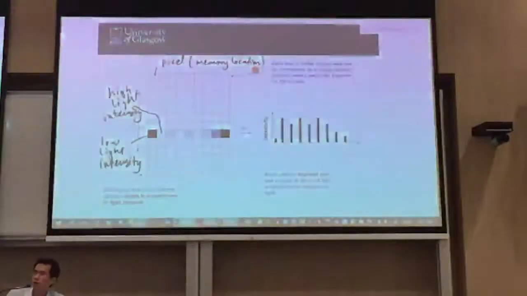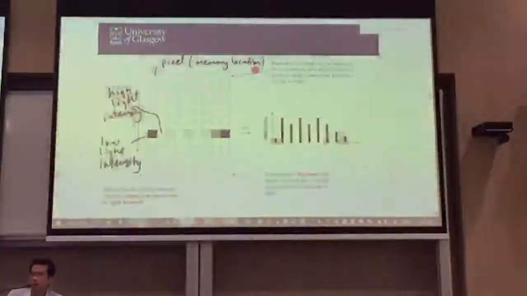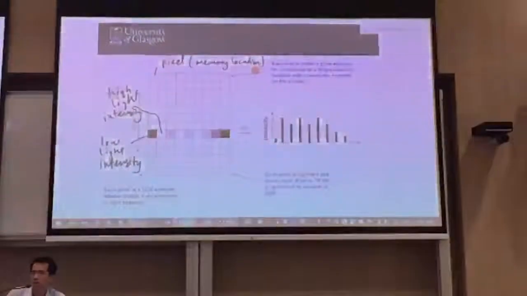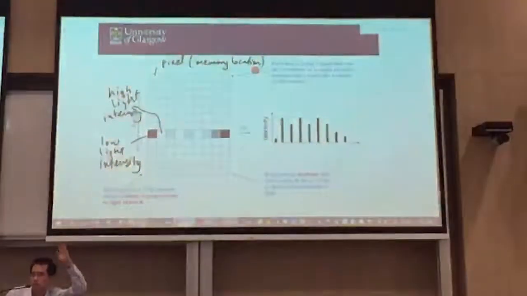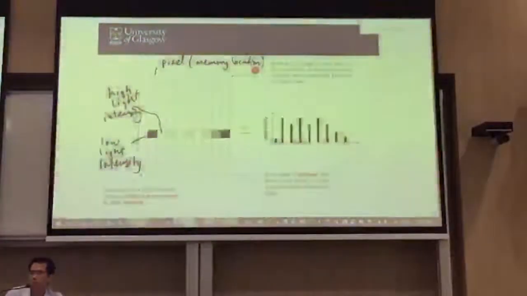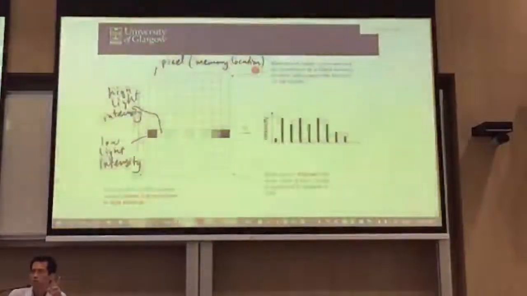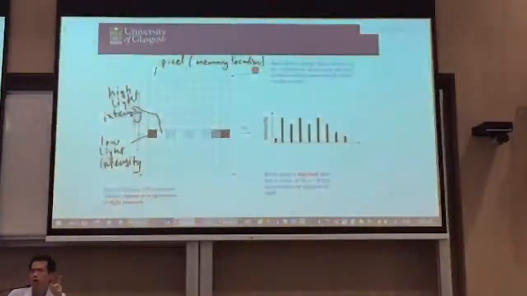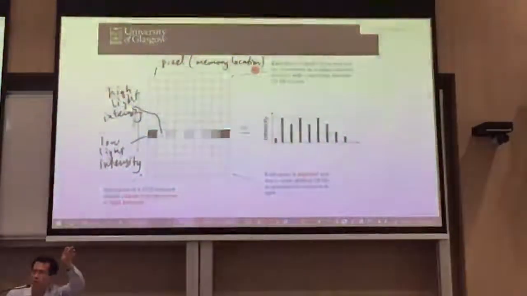It depends actually on your number of bits. If you have a higher number of bits, then you have a higher number of contrast levels in that grayscale. If it is only 1 bit, that is 2 to the power of 1, that means you only have the option of totally black or totally white.